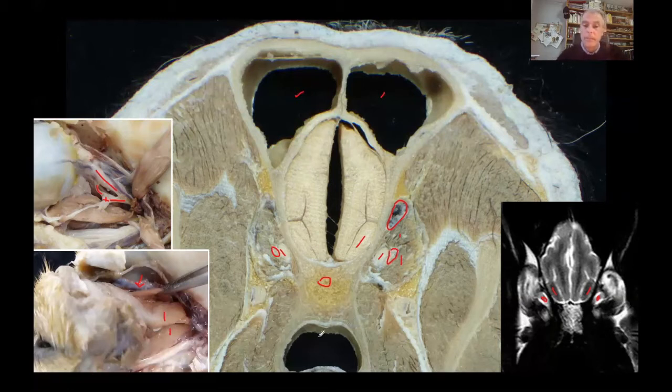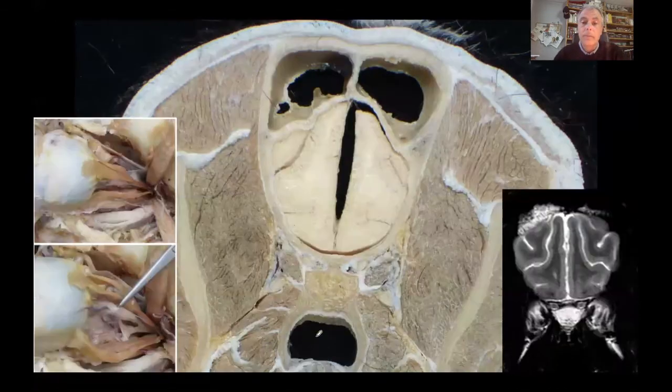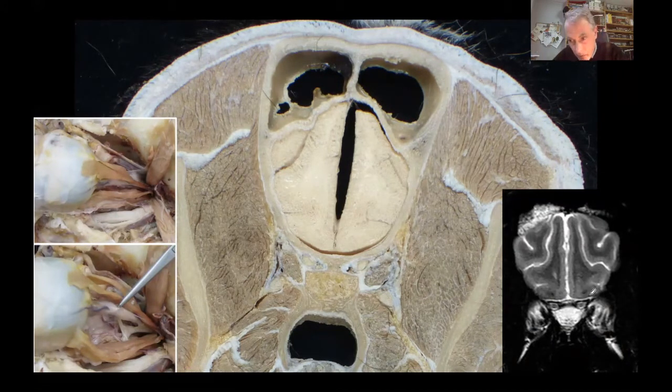Okay, so let's go for the next section. We see both cerebral hemispheres, and this is the most caudal portion of the olfactory peduncle that is going to become the beginning of the piriform lobe, but is located more caudally, right?